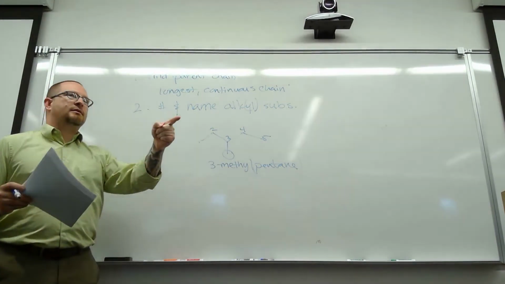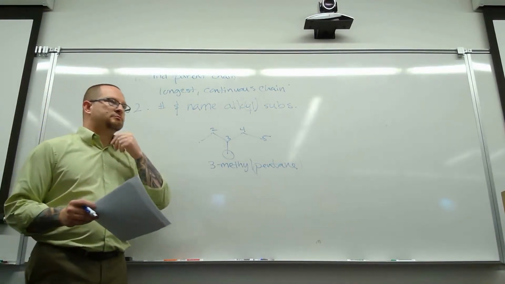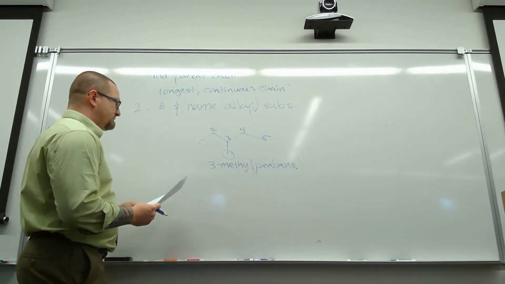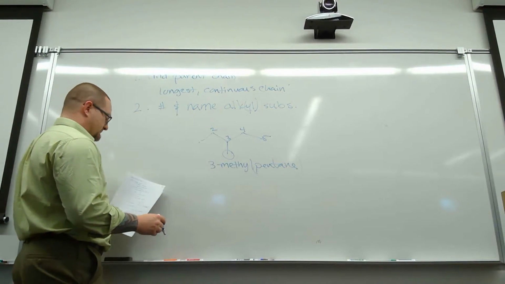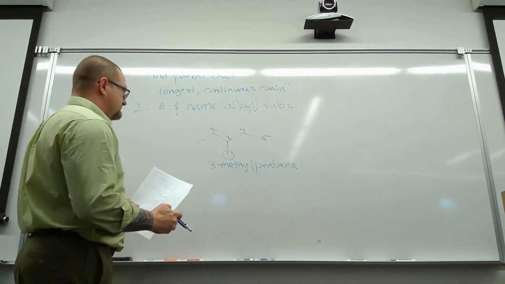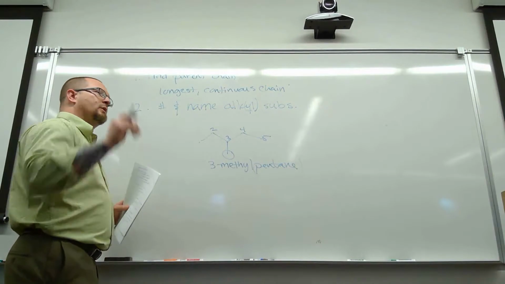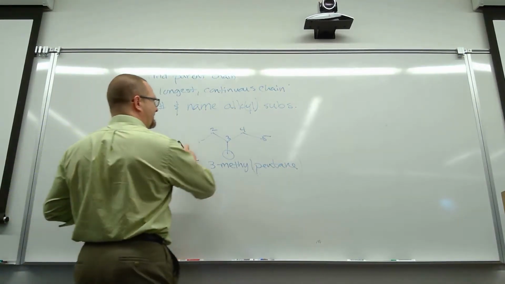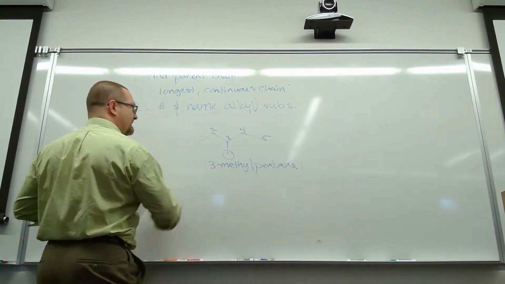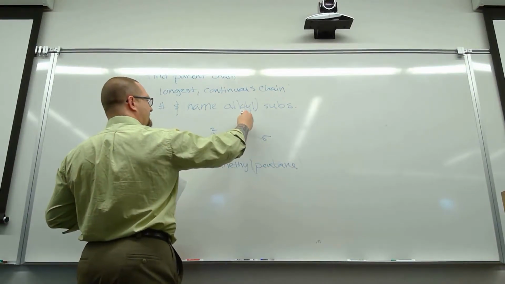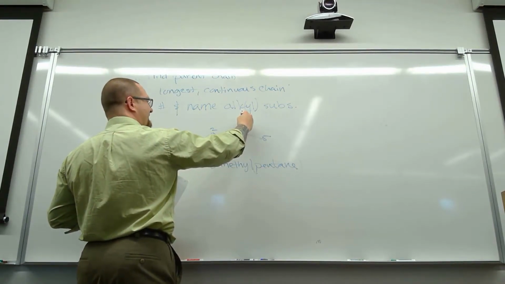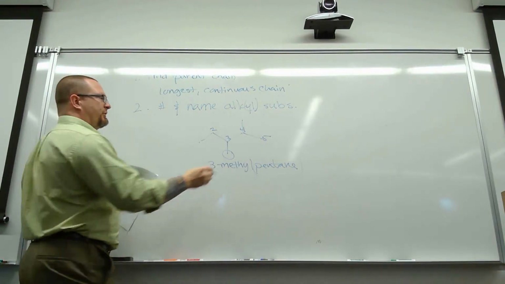Had a question? Yeah. So if you had another substituent on 4, would it be like 3-methyl 4-ethyl? Opportune question. The heptyl would be longer, so would that be that? If I did this, well, then that could be part of the parent chain then, but it's symmetrical, so it doesn't matter.